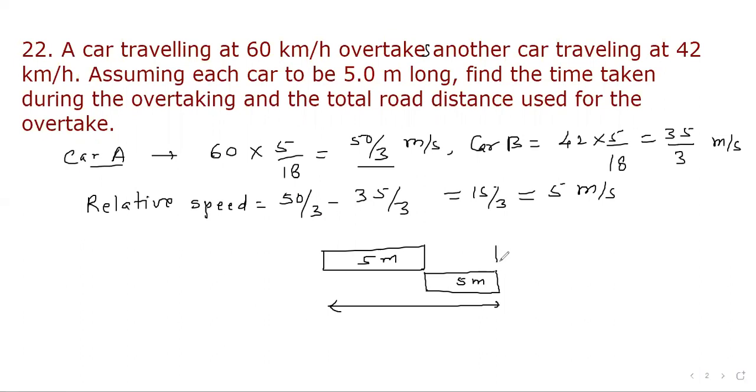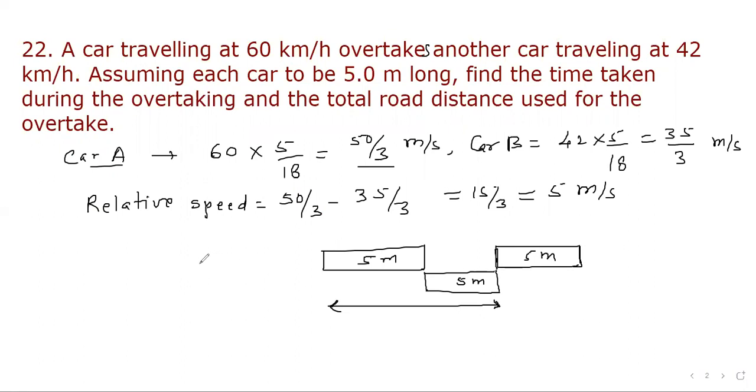But finally, when this car reaches here, then only we can say that it has overtaken. So for this purpose, first we will evaluate the time taken to cross this 10 meters. And after that, whatever answer we get, we will add 5 meters to get the total distance.